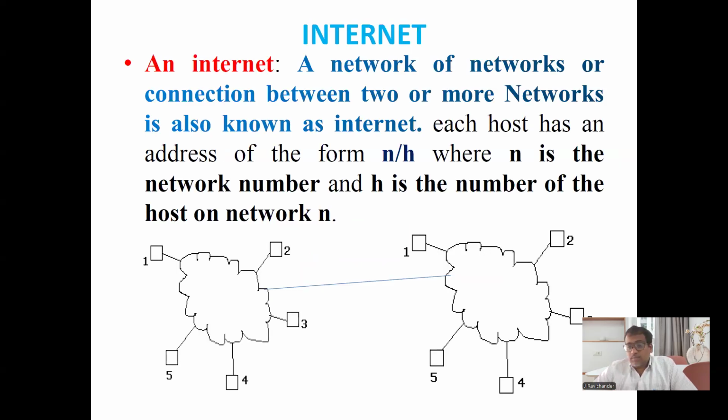Now, just now we have discussed what is network. Then we will discuss what is internet. What is internet? Internet is a network of networks, or it is a connection between two or more networks.